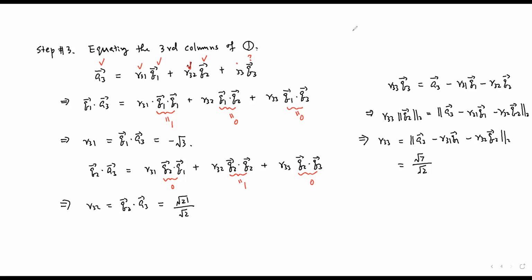R3, I know it now. Finally, determine the vector Q3 from this equation. Move R3 to the right side. Q3 is 1 over R3 times A3 minus this.